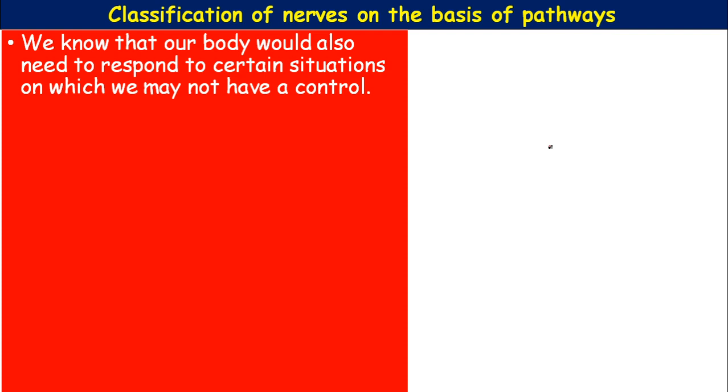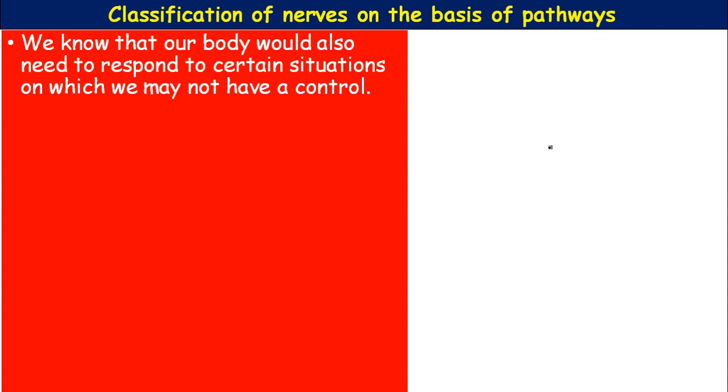What information is carried on the afferent and efferent nerves? The afferent nerves carry the stimuli and the efferent nerves carry the response. Very simple.